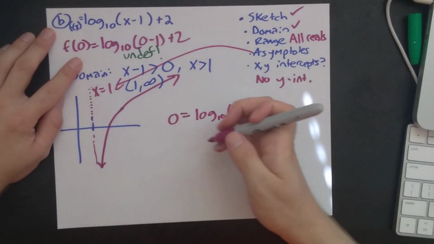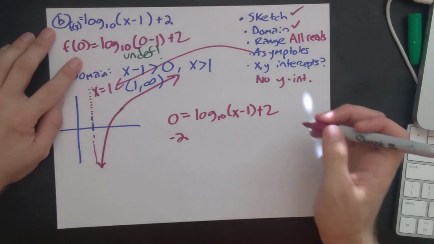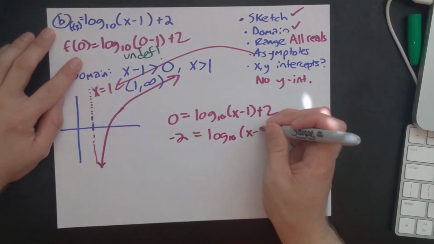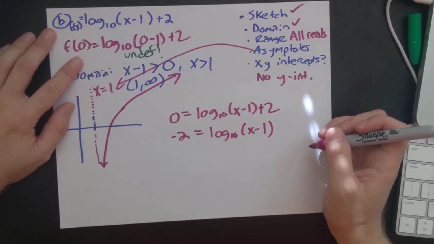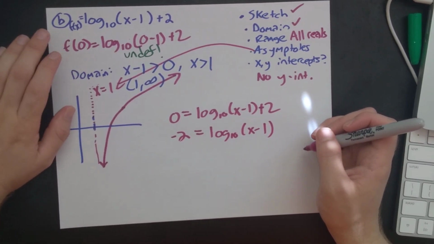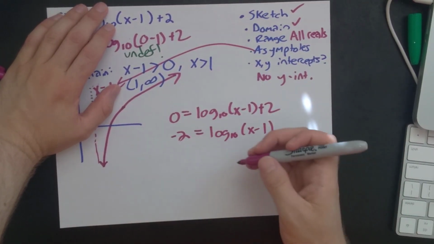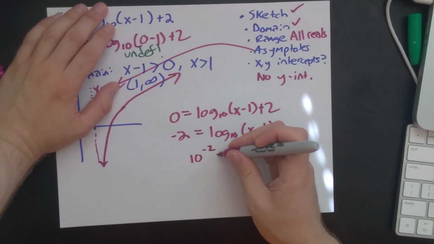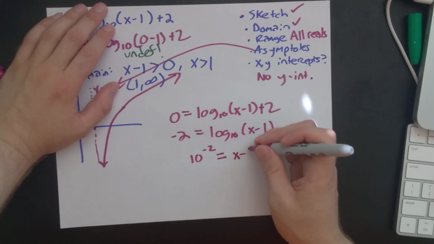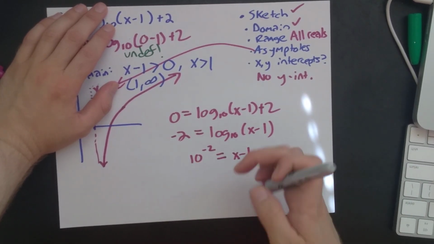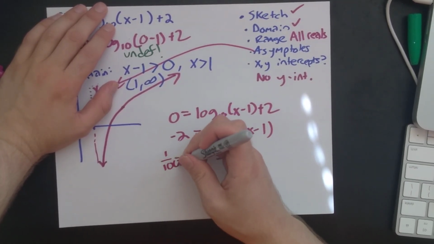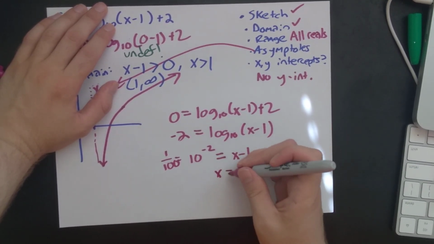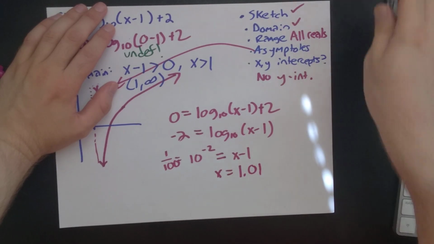So that would be when is log base 10 of x minus 1 equal to minus 2. And so this is equivalent to saying that 10 to the minus 2 is equal to x minus 1. So this is 1/100th. And so rearranging says that x is equal to 1.01 here.